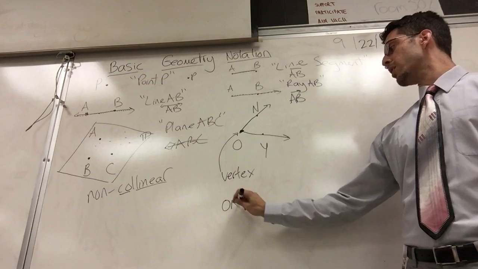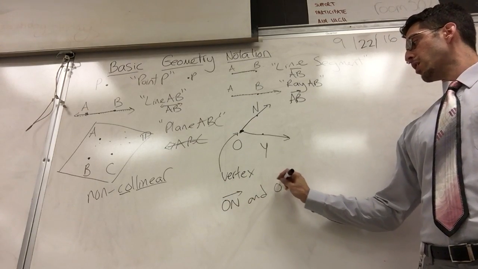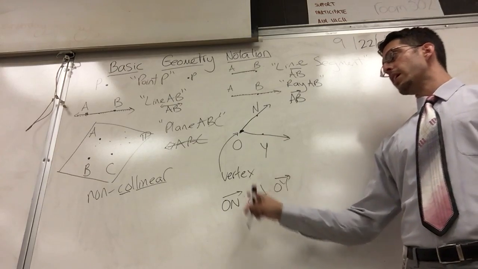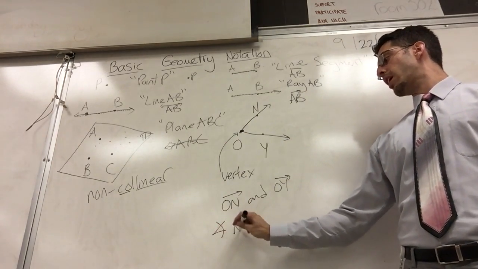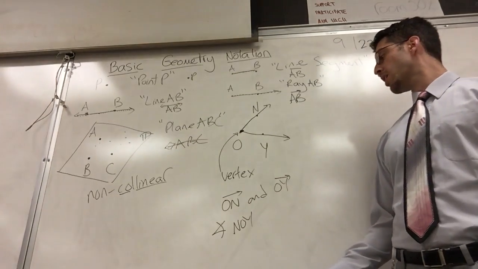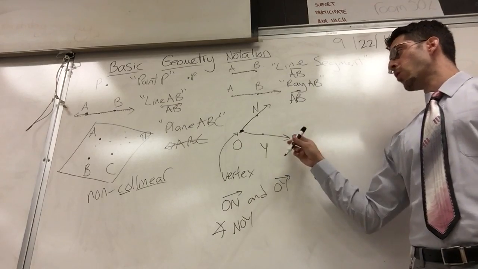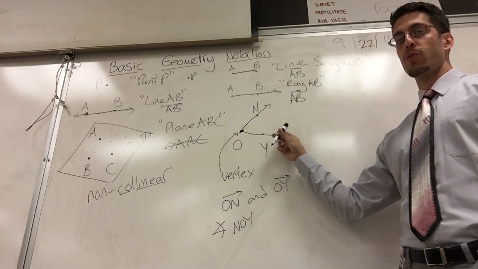So ray ON and ray OY connect to create angle NOY. Yes, I did that on purpose. Okay, so here I have angle NOY, and this looks like an acute angle, although I didn't measure it. You can safely assume it's acute.